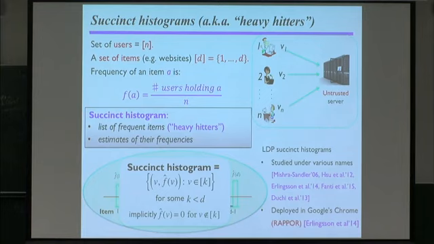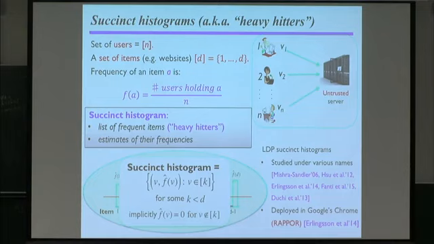The naive ways of doing this would require an amount of space and time proportional to this number D, the total number of different websites that might ever be used by people as their home pages, and that is way too large.